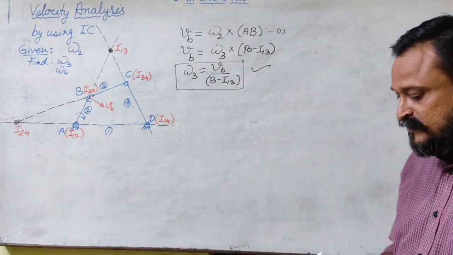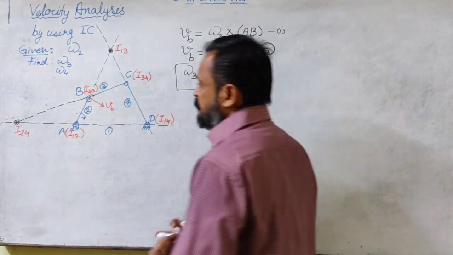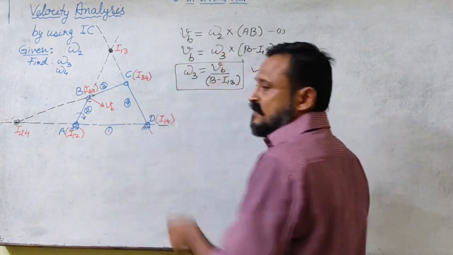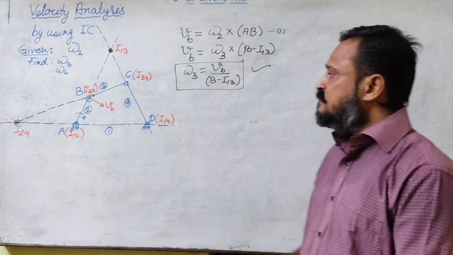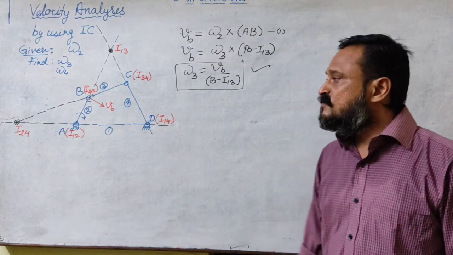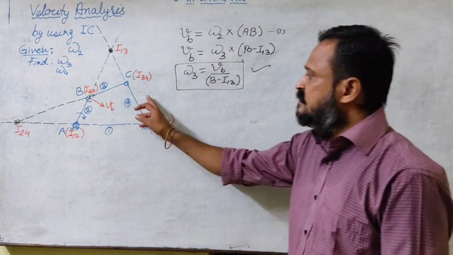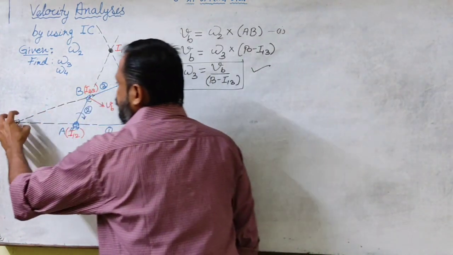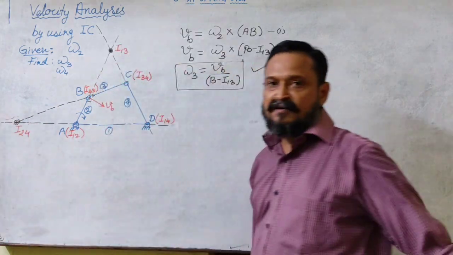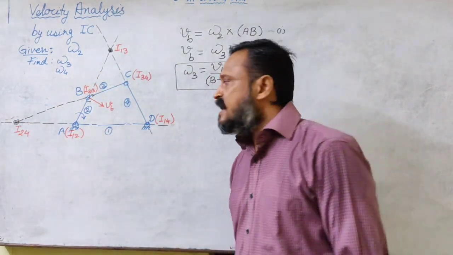Now similarly, when I have to determine the angular velocity of link number 4, I will be taking help of the instantaneous center I24.